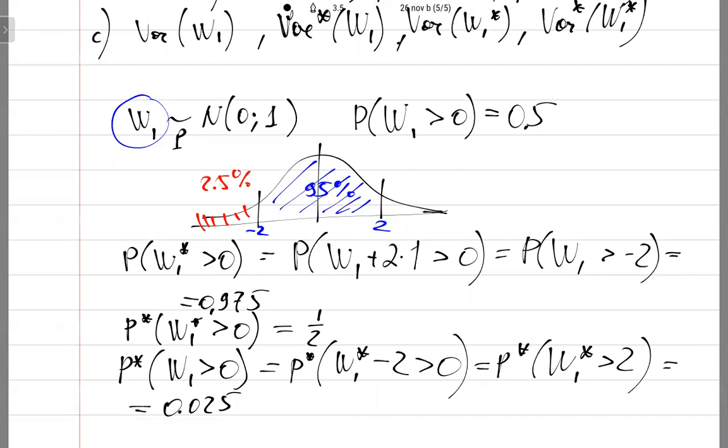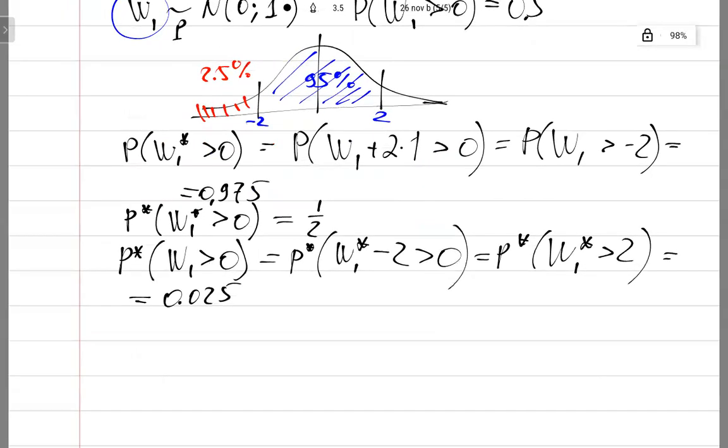Boris Borisovich, it is not clear for me, how do you understand that P star of the new Wiener process more than 0 is 1/2? Because it's a Wiener process. What is the definition of a Wiener process? That W1 star under P star has normal distribution with mean 0 and variance 1.